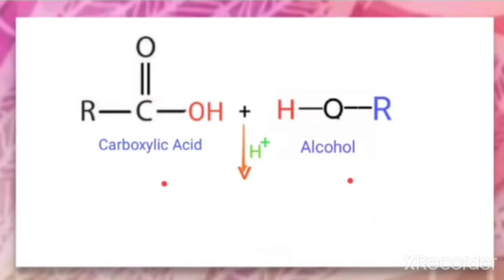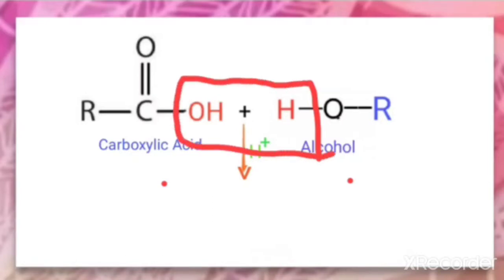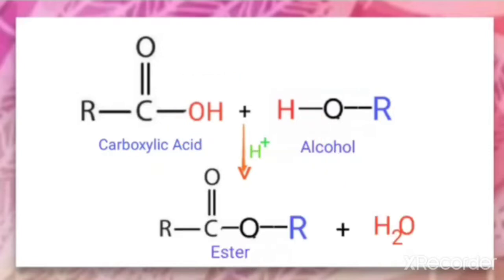Since here there is a cleavage of OH bond, this H and the OH of carboxylic acid together make water. You can see the different colors are shown here in order to understand the reaction properly. So what is the side product which is formed here? That is water. So we get the product water and the ester.